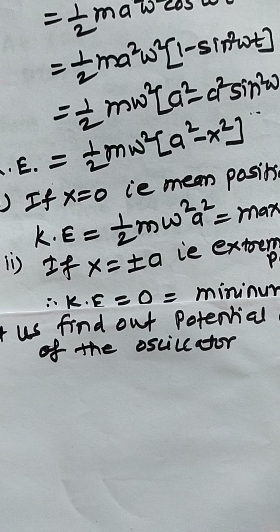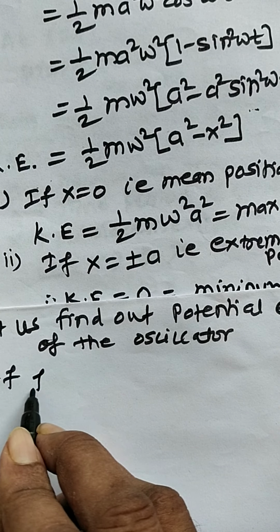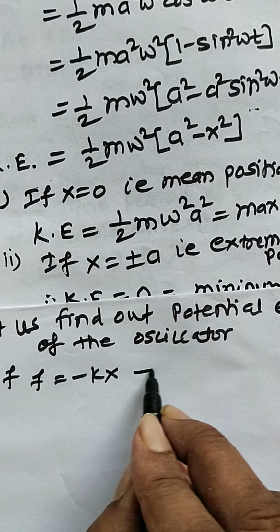Let us find out the potential energy of the oscillator. Here, if F is equal to −kx, that is the restoring force.